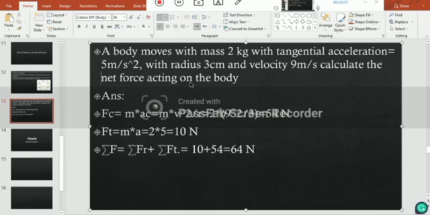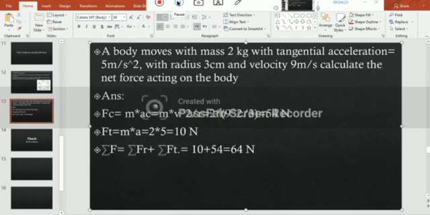So we can calculate it by squaring the 9 and dividing it by 3. Then we have the centripetal acceleration, which is 27. Then we multiply it by the mass to give the centripetal force. So we have a centripetal force with magnitude 54 Newton.